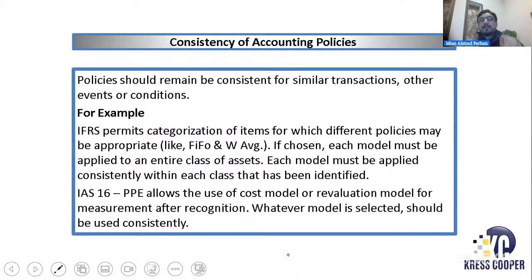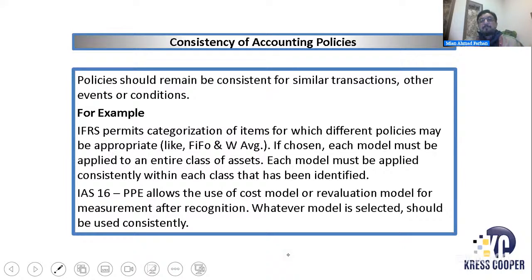Supposedly, if we are following FIFO for a specific inventory to measure its cost, we cannot in the next year change it to weighted average, and then in the year after that to FIFO, and then again weighted average. This is not consistency, because the end result would be different, and the financial statements, as I told you earlier, would no more be comparable.